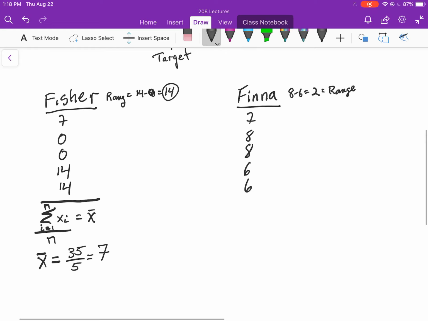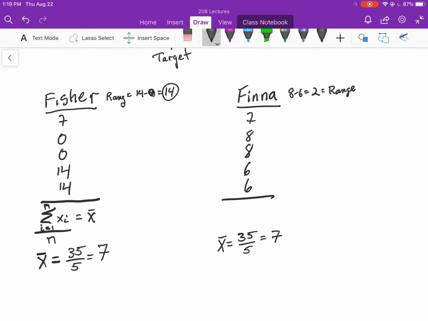And if we look at Finna's and do the same math, we will find that x bar equals, let's see, 6 and 6 is 12, 8 and 8 is 16, so 12 and 16 is 28, plus 7 is also 35, divided by 5 equals 7 as well. So the means are the same in each case. So that doesn't give us a lot of information about the spread of points about those means.